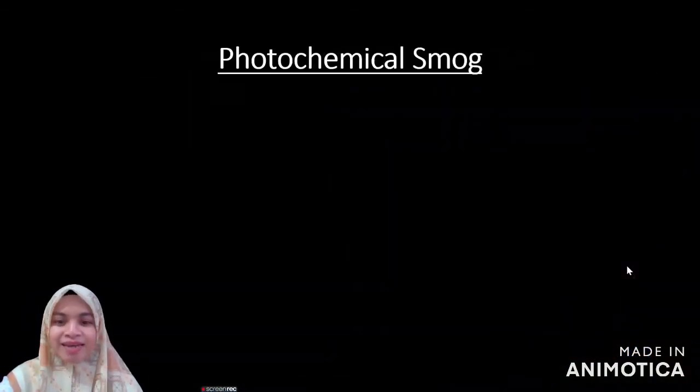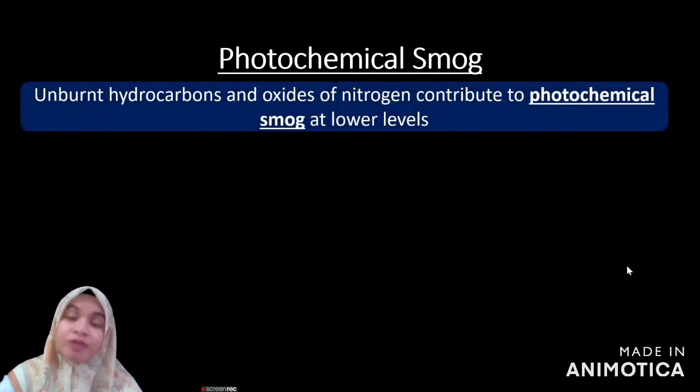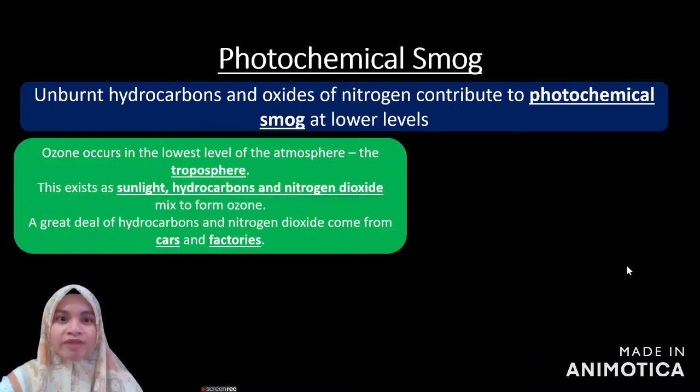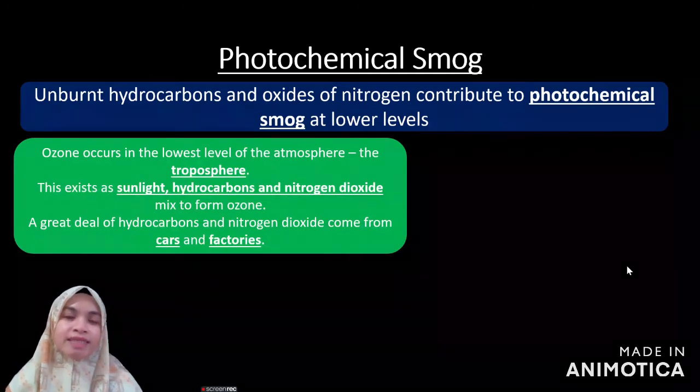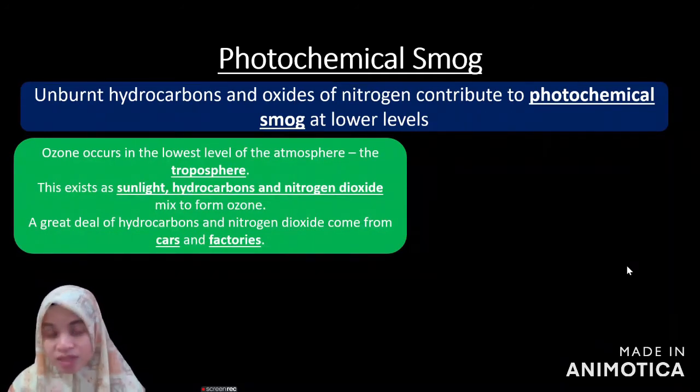Another example of environmental consequences is photochemical smog. Unburnt hydrocarbons and oxides of nitrogen contribute to this photochemical smog at lower level. Ozone occurs in the lowest level of the atmosphere, which is the troposphere.